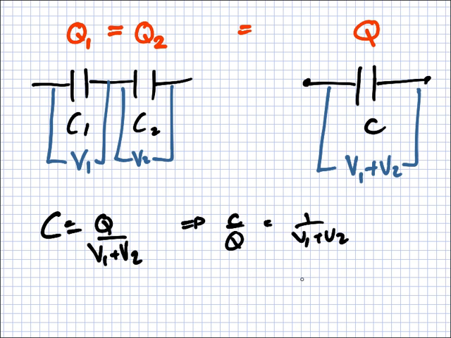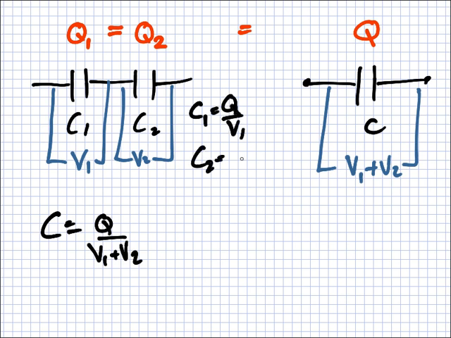Hang on, I forgot what I'm trying to get to. Oh, I want to simplify this. Okay, so let me just go back here. So I can say C1 is Q over V1 and C2 is Q over V2. So that means V1 is C1Q and V2 is C2Q.